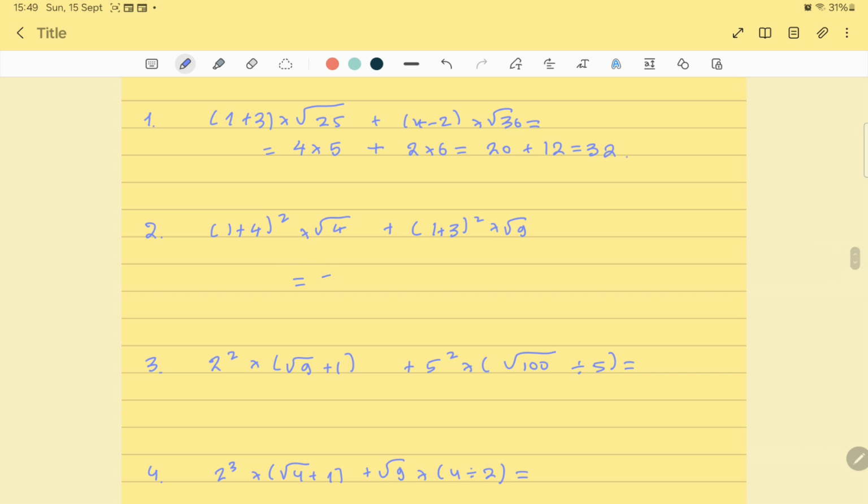And this one is 5 squared times the square root of 4 is 2, plus 4 squared times the square root of 9 is 3. Is 25 times 2 plus 16 times 3. So this is 50 plus 48. And this gives me 98.